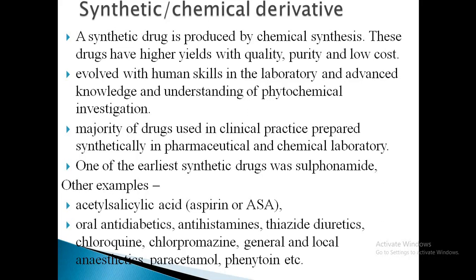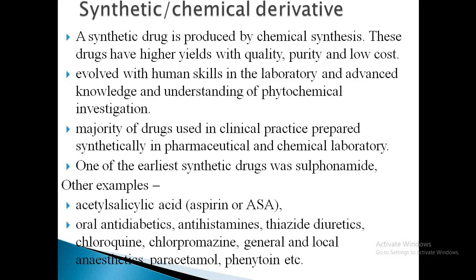These drugs have higher yields with quality, purity and low cost. So it is better to produce many drugs in this way in order to meet the demand. Various synthetic or chemical derivatives have evolved with human skills in the laboratory and advanced knowledge and understanding of phytochemical investigation. The majority of drugs used in clinical practice are prepared synthetically in pharmaceutical and chemical industries and laboratories.